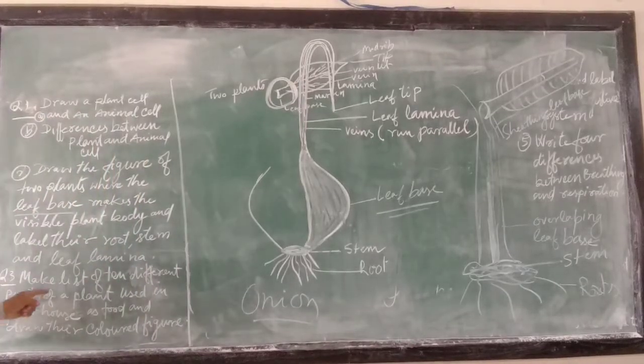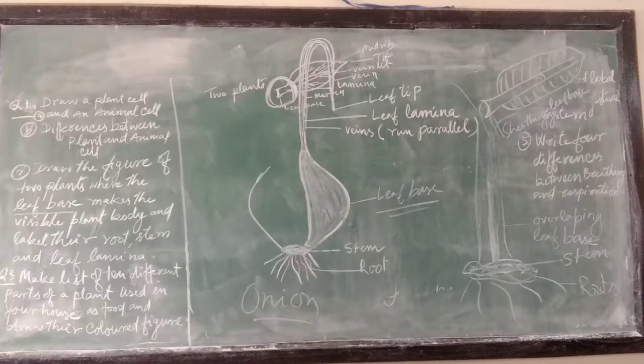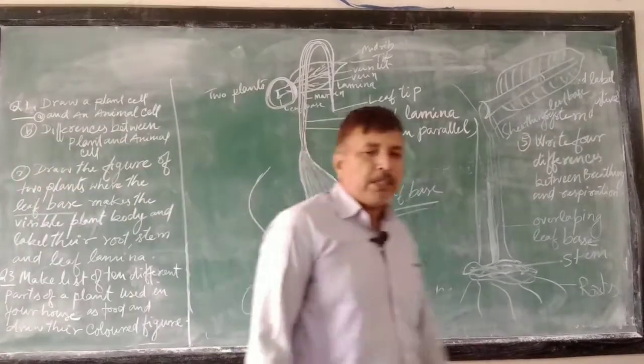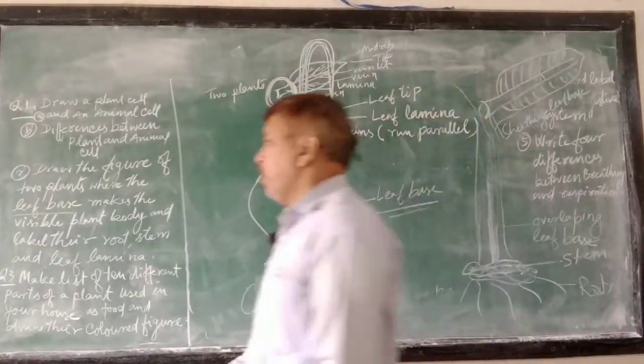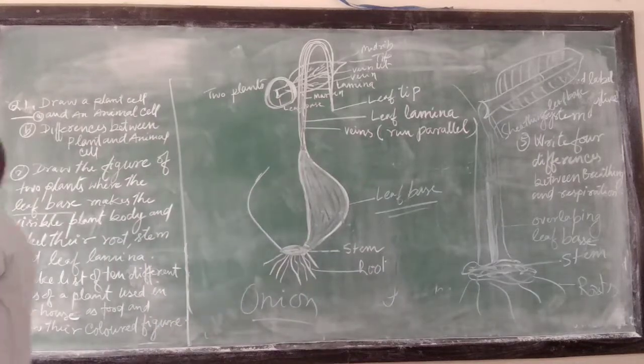The third question: make a list of 10 different parts of a plant, right. What kind of parts do you have to discuss?